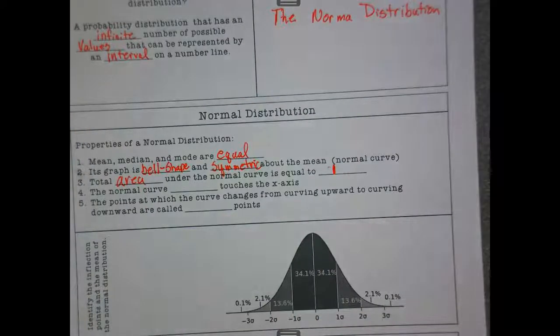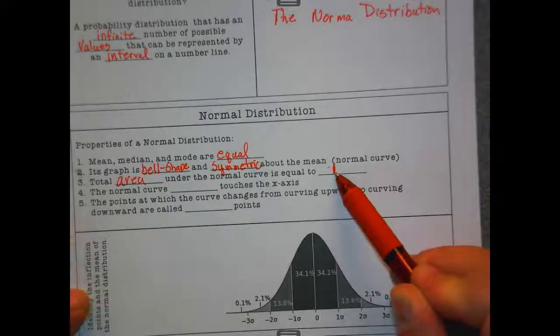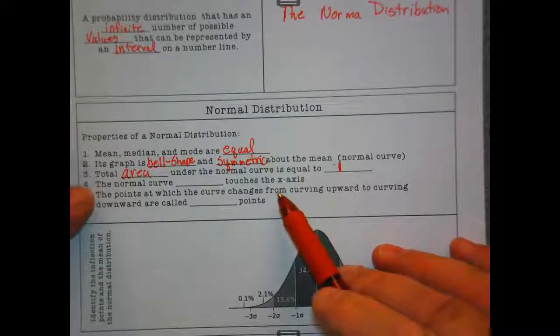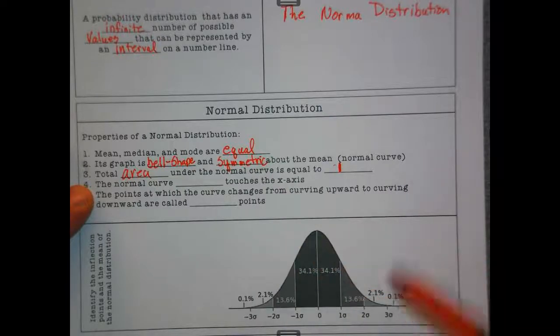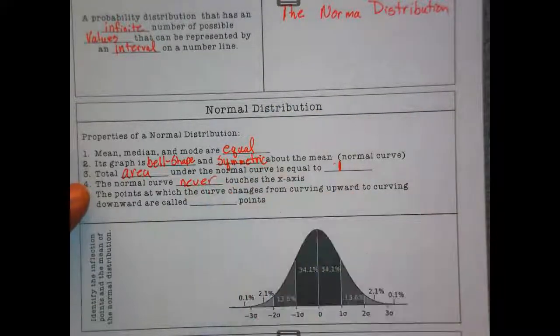The area here is all equal to 100% or 1. Of course, I talked about the normal curve, this bell curve never crosses or touches the x-axis.